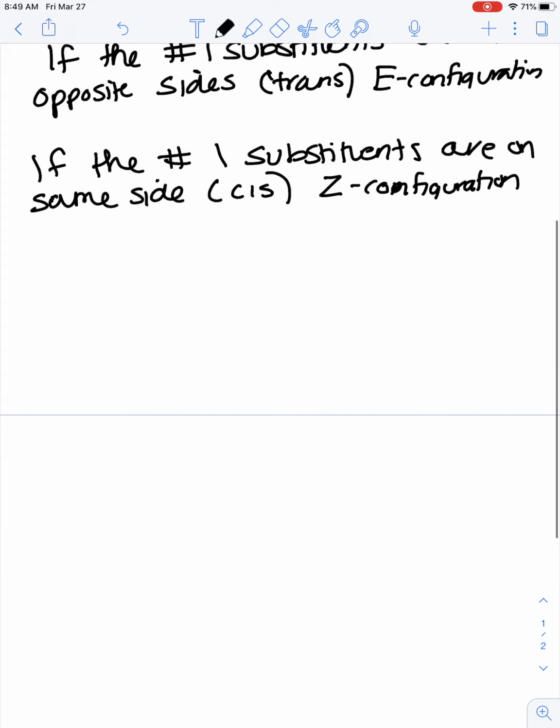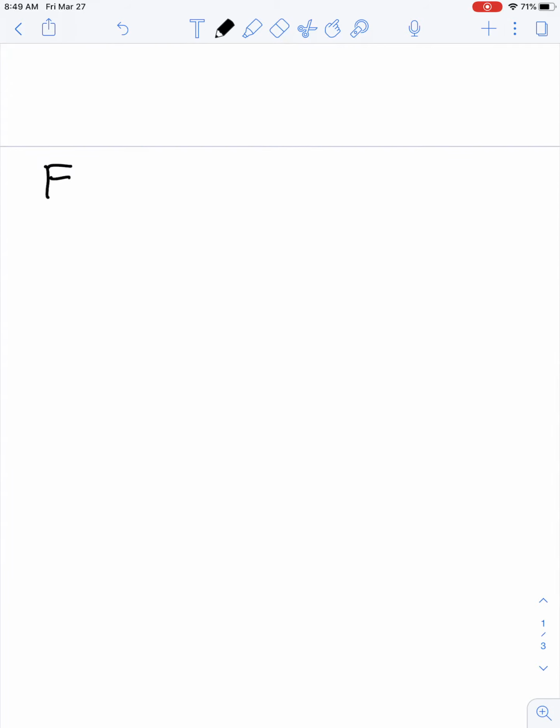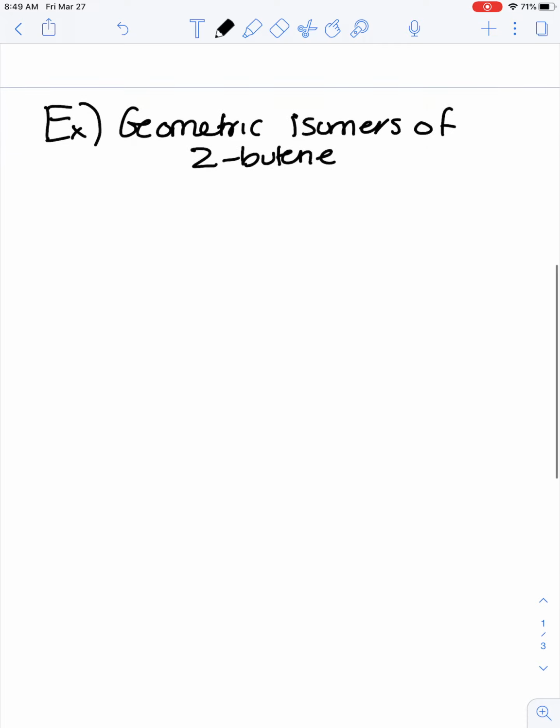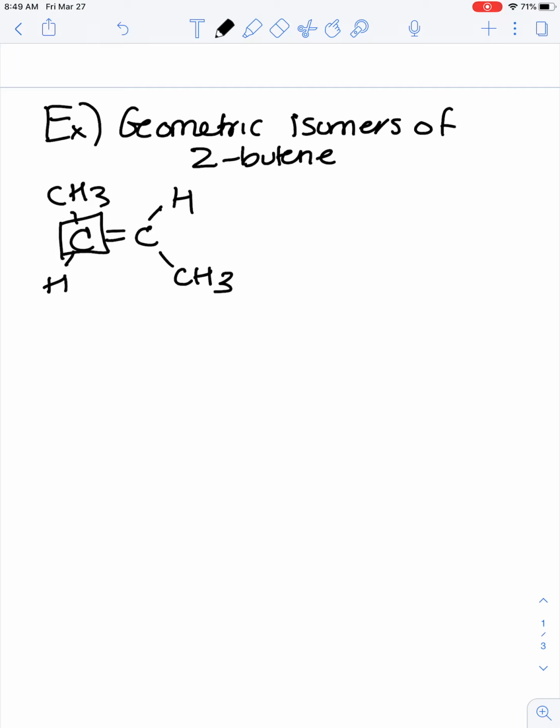Let's look at some examples of these different types of configurations. We're going to first look at the geometric isomers of 2-butene. If we look at this isomer here, looking at this carbon first, we have this substituent and this substituent.